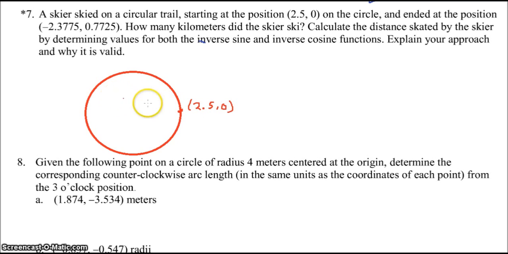They ski to this point, which is negative 2.3775 and 0.7725. Notice that the x-coordinate is negative and the y-coordinate is positive. That's how I know we're in quadrant 2. And we want to know how many kilometers did the skier ski, meaning we're looking for this arc length here.